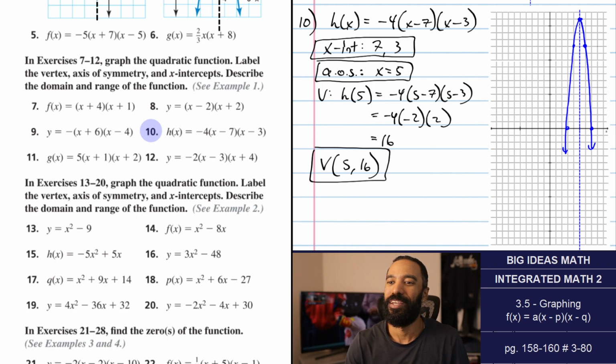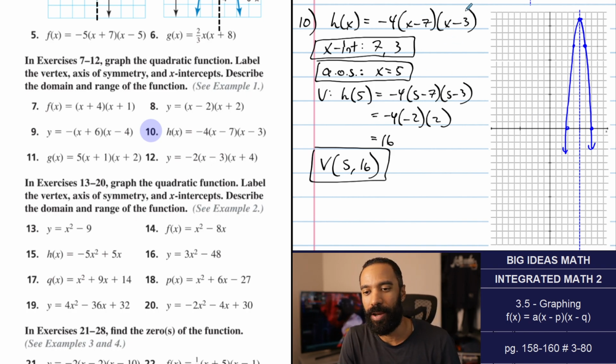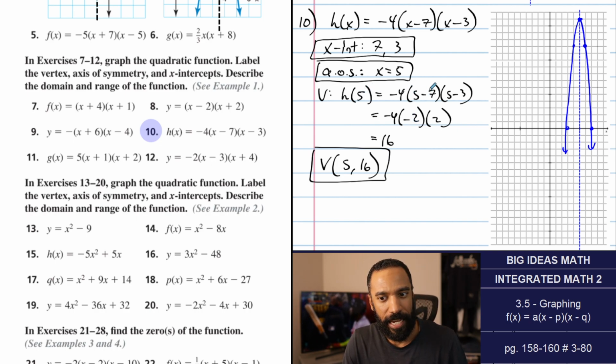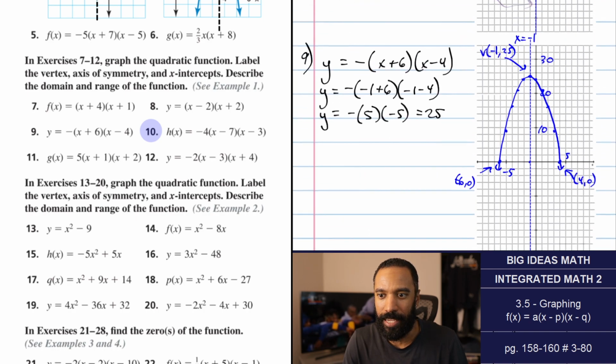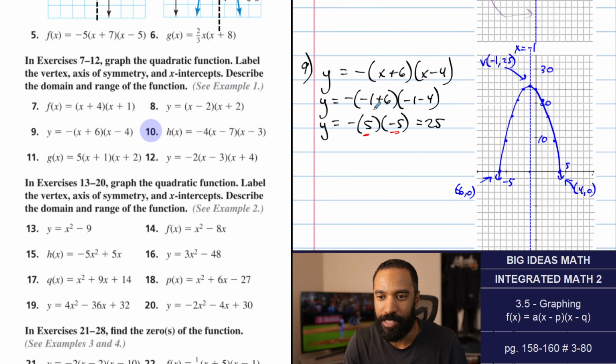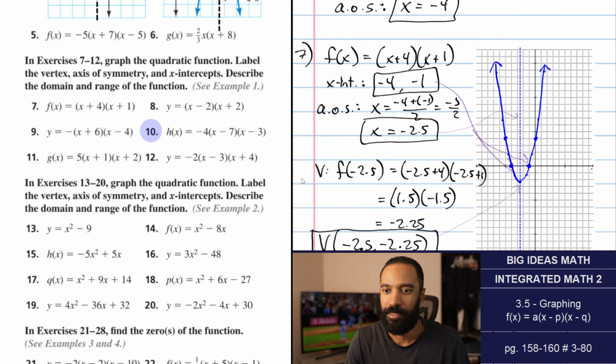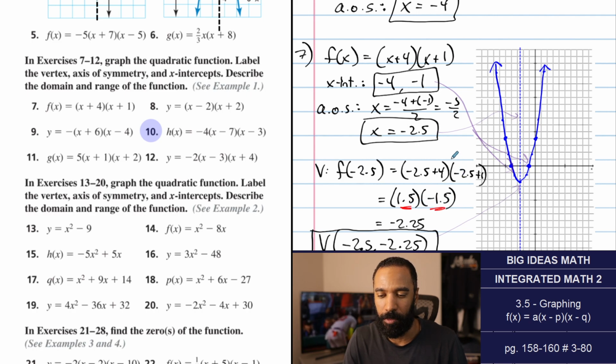Now, before I move forward, I want to point out something. Did you guys notice this? Every time I substitute the x value of the vertex into factored form, I get -2 times 2, I get -5 times -5, I get -2 times 2, I get 1.5 times -1.5. What's happening is you're getting opposites of each other.